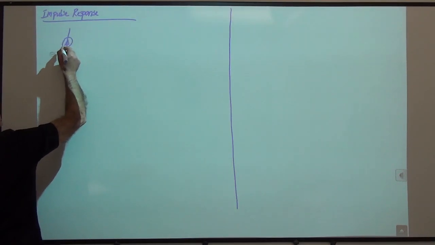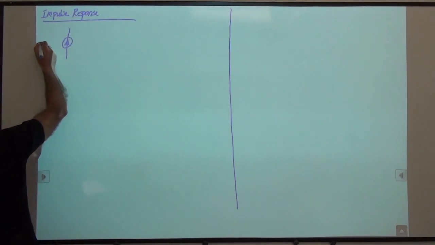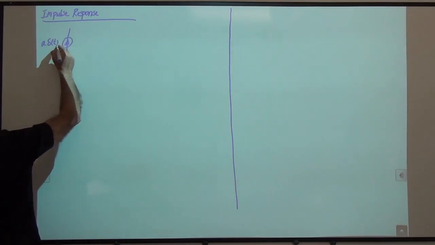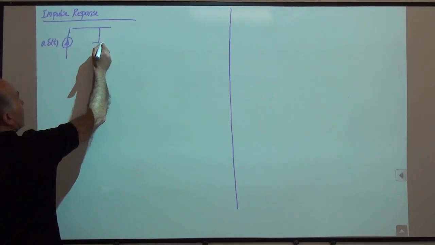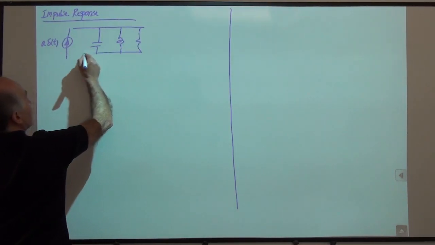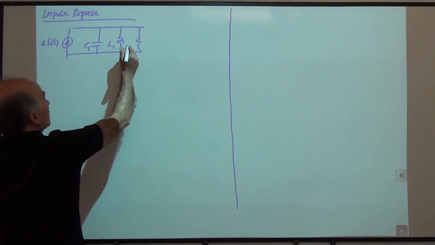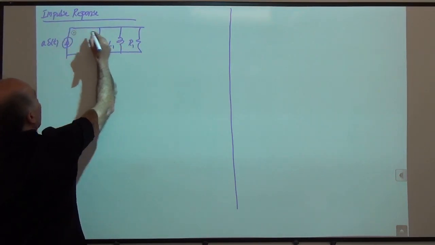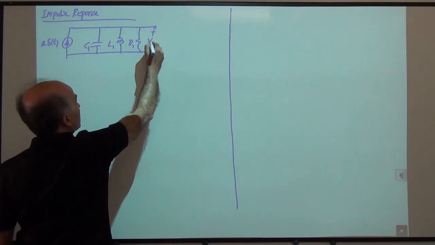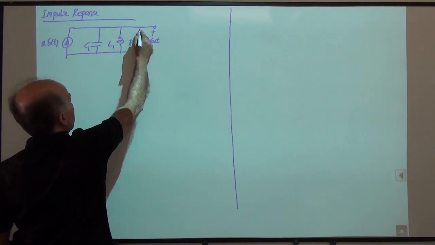I have an impulse here, so I'm going to call this A delta of t. And then we have our capacitor, inductor, resistor combination, C1, L1, R1. And we are interested in this voltage, and of course, all the currents. Once we have one quantity, it's not that hard to find the other quantities.